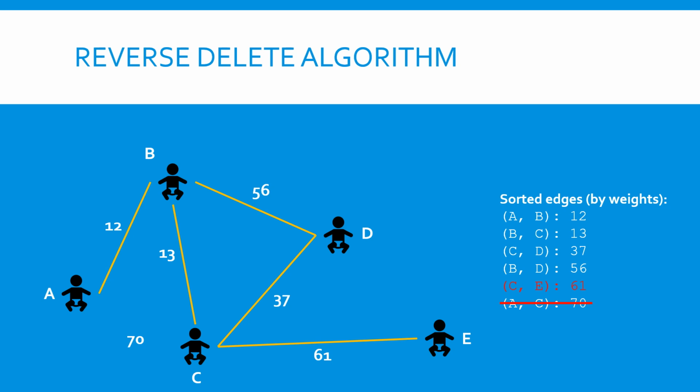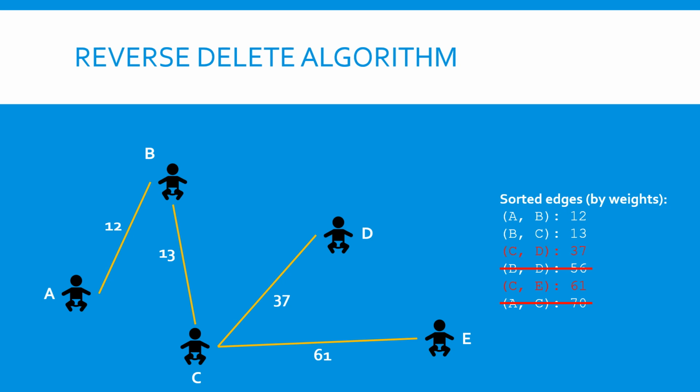The next heaviest edge is CE. We cannot remove it since that would disconnect E. The next edge is BD. Since B and D are also connected by the path BCD, we can remove this edge.